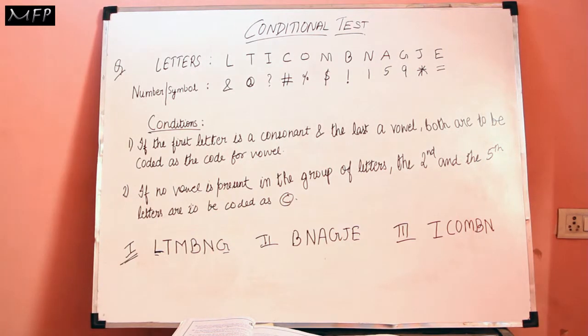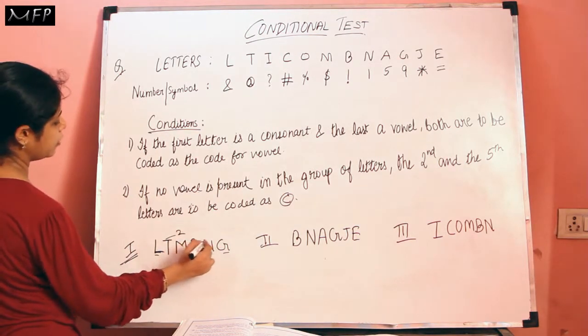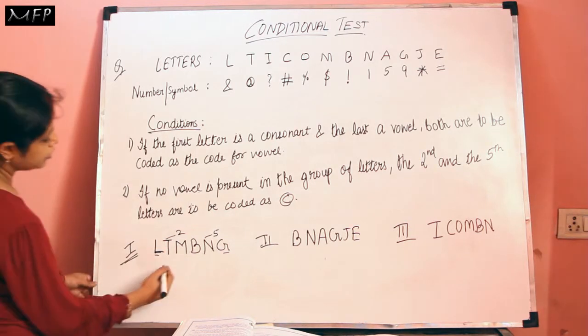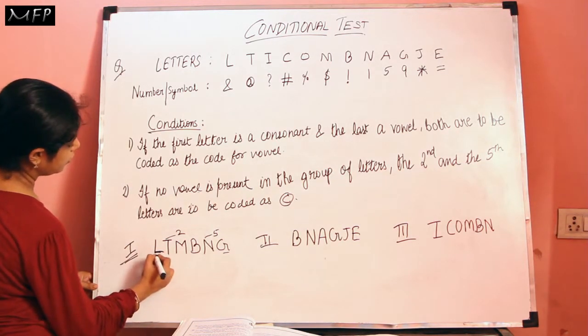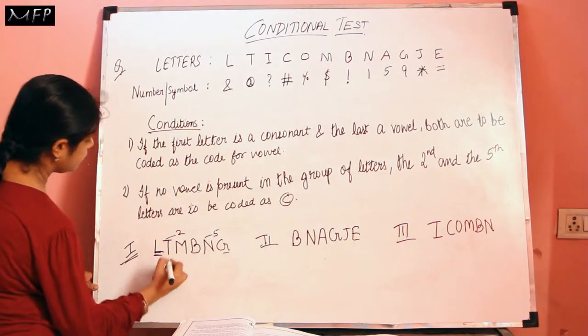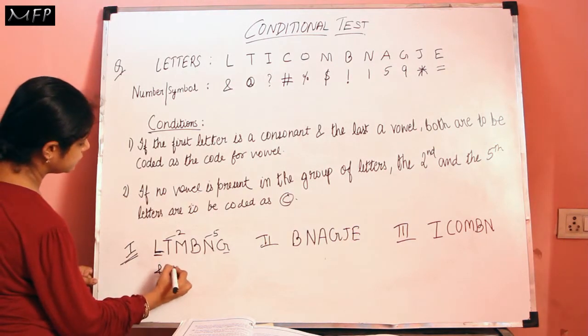So the condition is if no vowel is present in the group of letters, the second and the fifth letters are to be coded as copyright. That means the second, that means this, and the fifth, third, fourth, fifth, that means this one, are to be coded as copyright. Okay, so let us first write the code for L here. The code for L is M, and the code for T will be copyright as given in the condition.